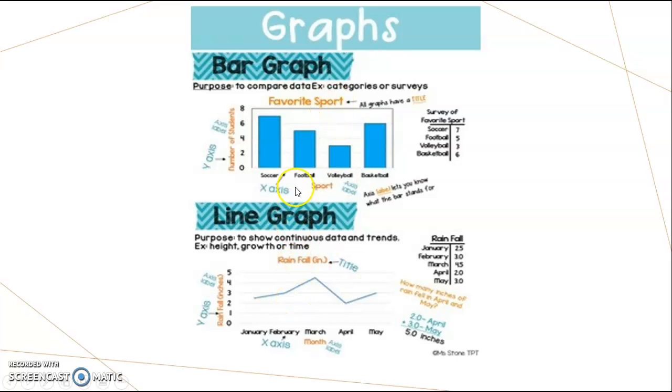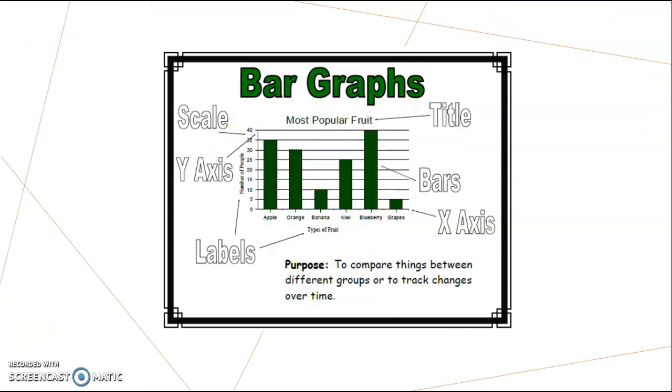And here are some examples for each one. Here they're talking about their favorite sports, and over here they're talking about rainfall. And here's another picture of a bar graph, and here it is being more specific.